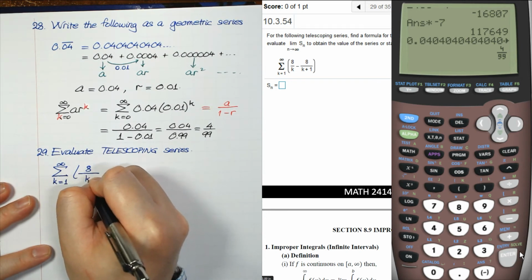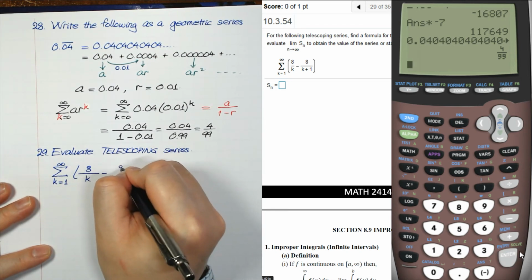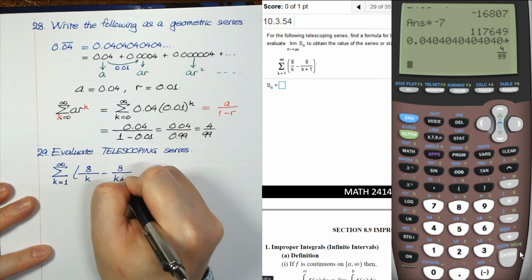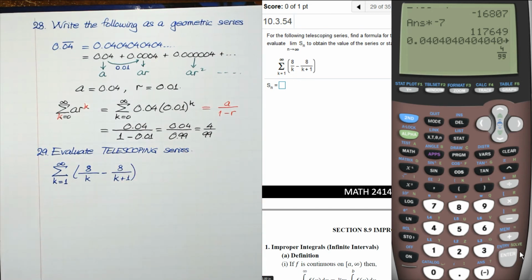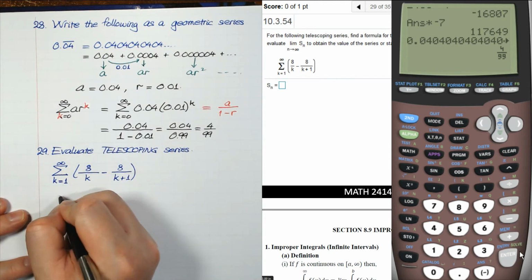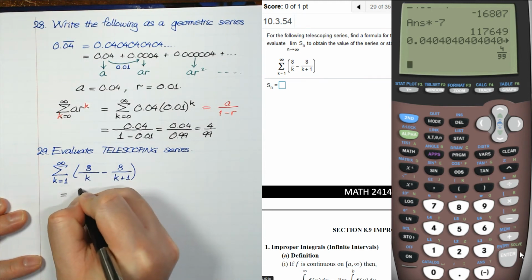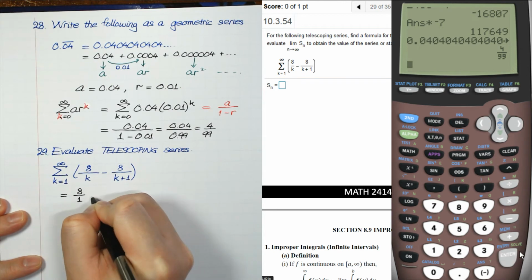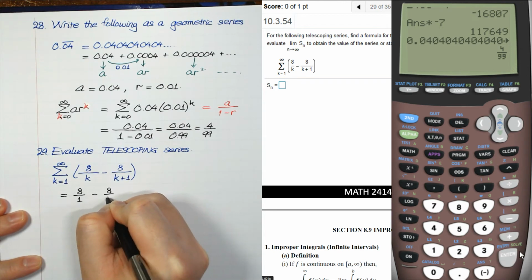A over k minus A over k plus 1. Right. Let's just write a few terms and see what happens. Put 1 in for k, A over 1 minus A over 2.